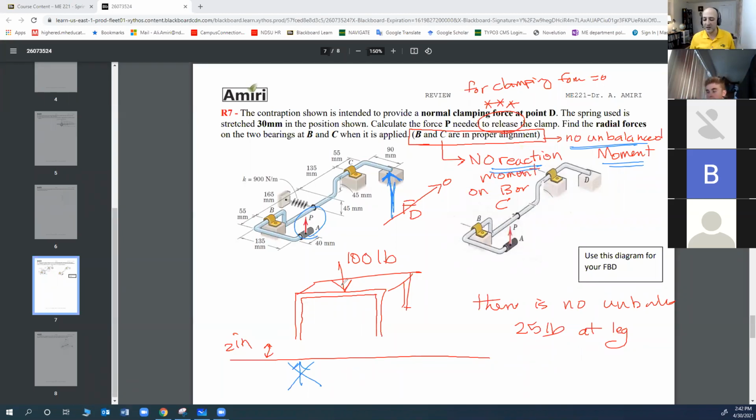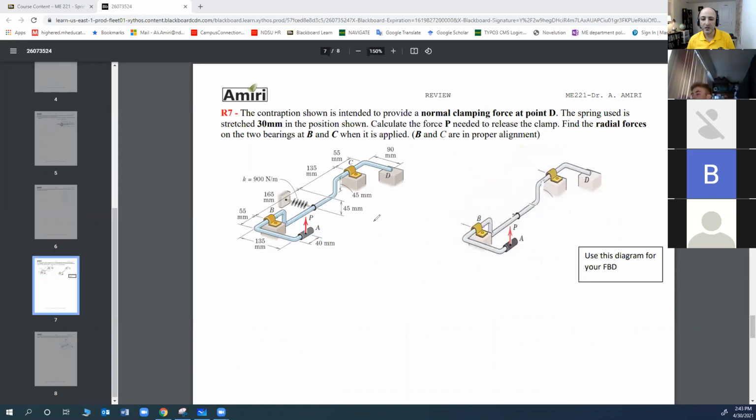It means there's no unbalanced moment. But in case some unbalanced moment happens, say some person starts kicking this device in this direction, then I can see that there would be some unbalanced moment in this direction. So therefore, they're not in proper alignment. But as it is right now, there is no unbalanced moment, so we don't have to worry about it. So let me draw.